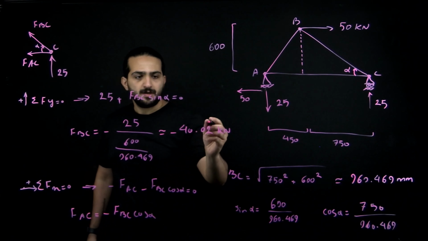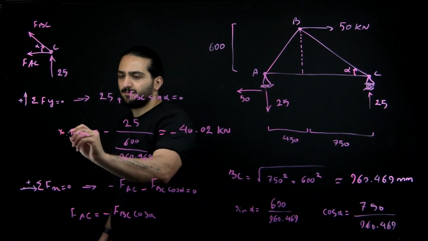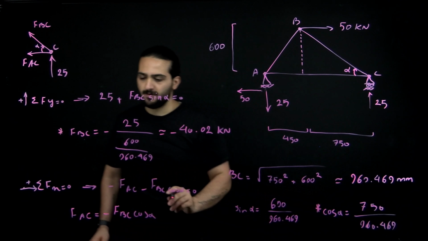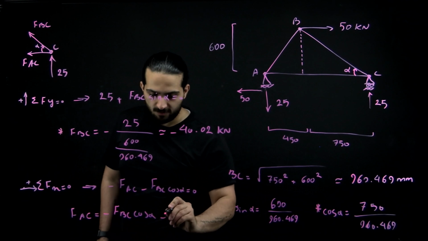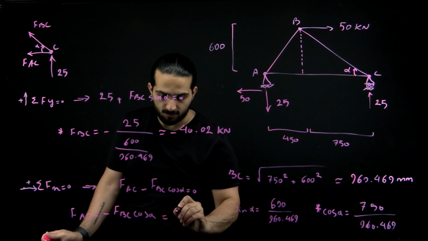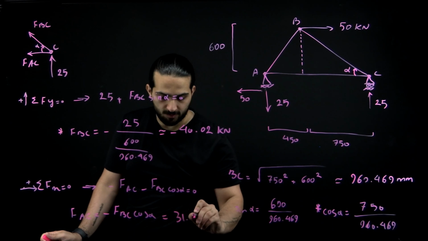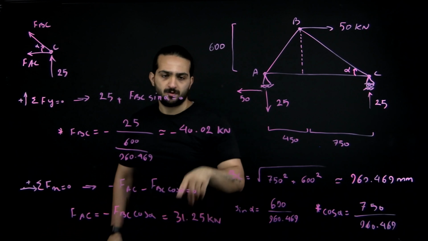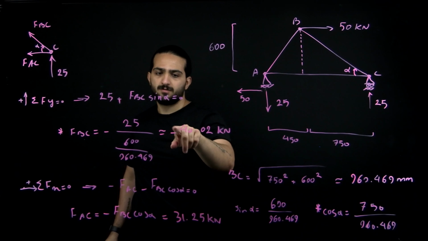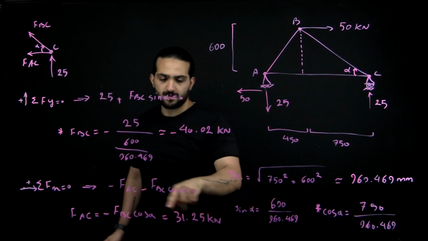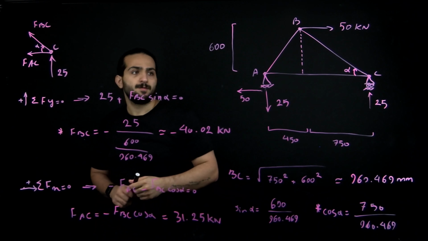So now that we have the value of FBC and cosine of alpha, FAC is equal to 31.25 kN. So FBC was in compression because we used the negative sign, and FAC is in tension.